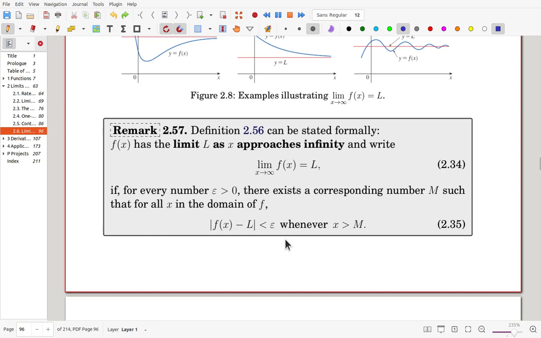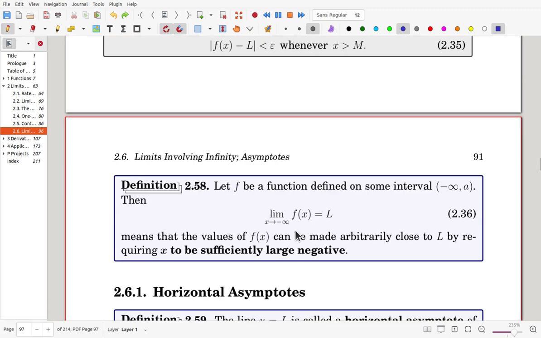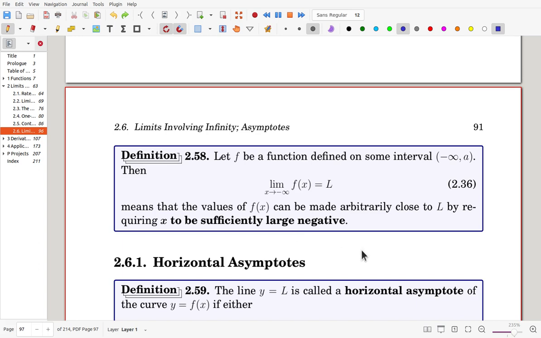It is a sort of epsilon-delta argument. There's no delta; however, for arbitrary epsilon, you should be able to find a number M such that this inequality is satisfied. In the same way, we can define the limit of the function as x approaches minus infinity.